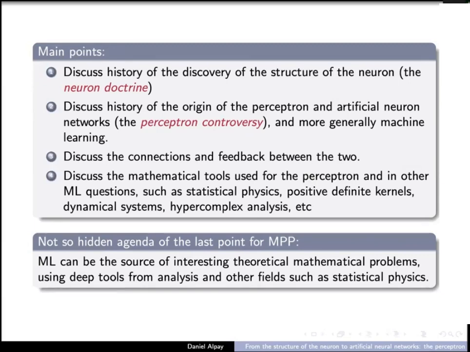Artificial neural networks are only part of machine learning, of course, and we'll see a lot of other tools like positive definite kernels, dynamical systems and hypercomplex analysis. And a not so hidden agenda in this last point is to show that I think this kind of course would be of interest for students in the MPP program.